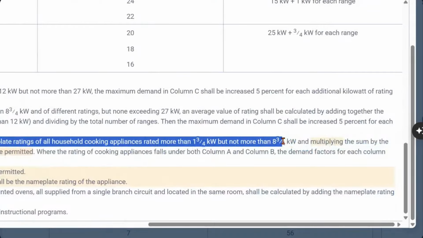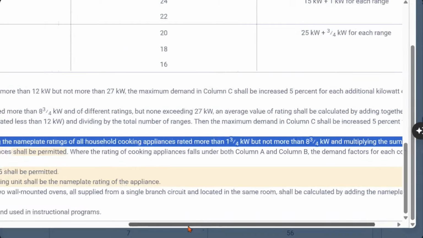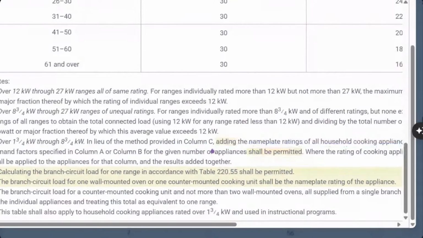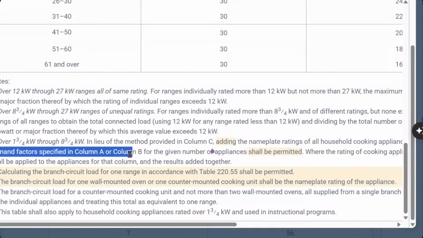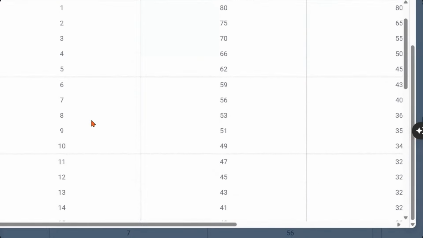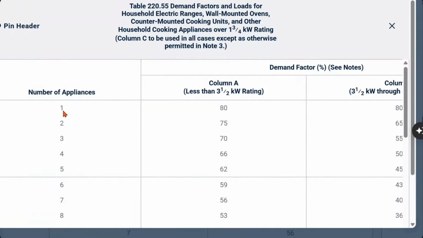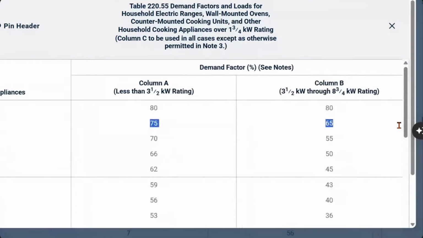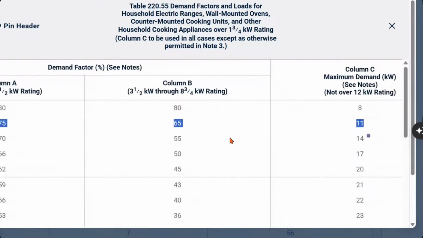We added the 7 and 6 together, and multiplying the sum, which was the 13 kW, by the demand factor specified in column A or column B for that given number. Easy peasy. So we're going to go to column B. We got 2 of them. They both fall under column B. So guess what?